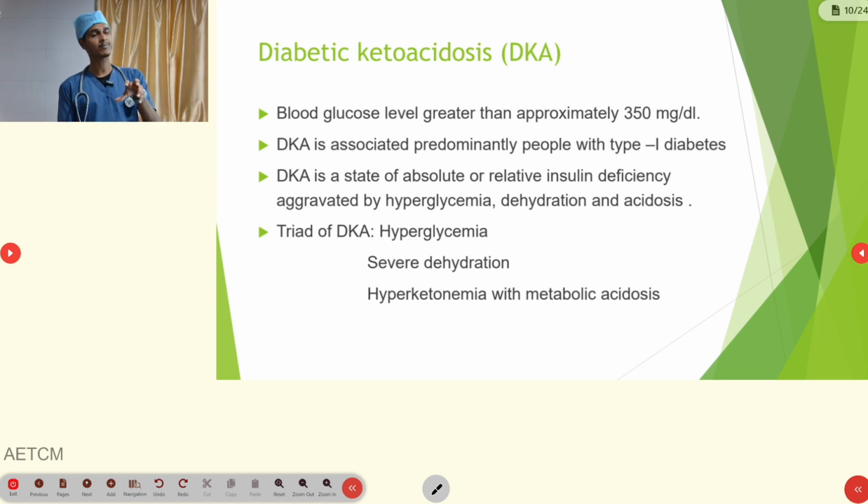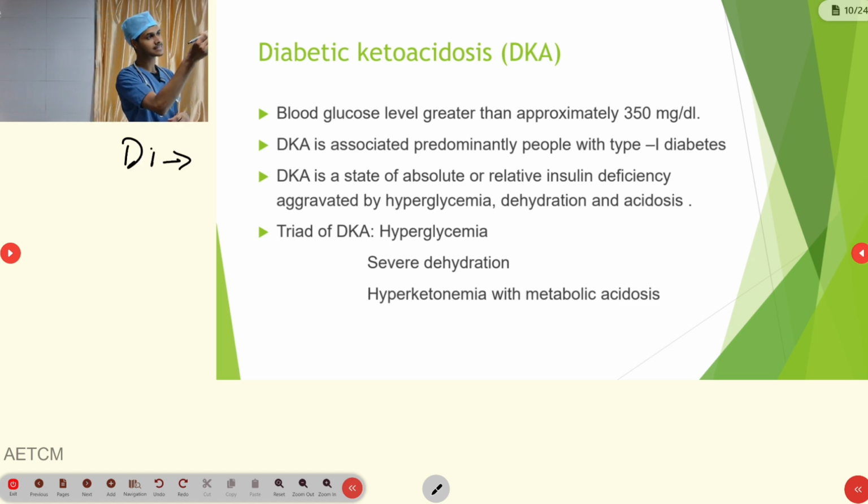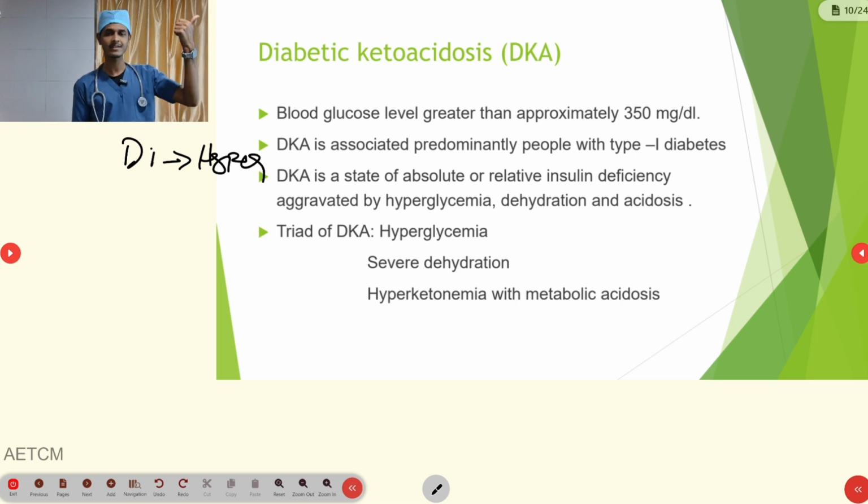So we'll see, diabetic ketoacidosis means there are three entities or three partitions: diabetic, and then ketone, and then acidosis. Diabetic means what? It is hyperglycemia. So if you are checking the blood glucose level, it will be something around more than 400, right?